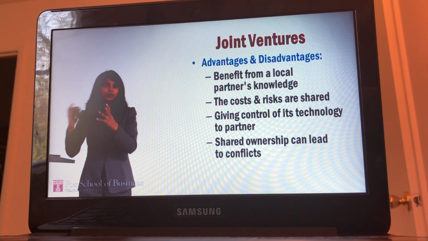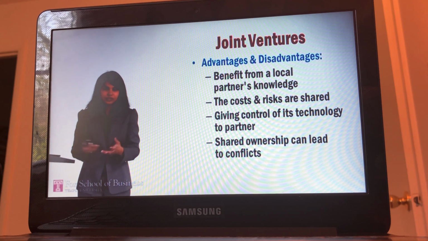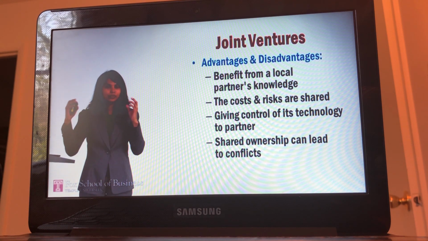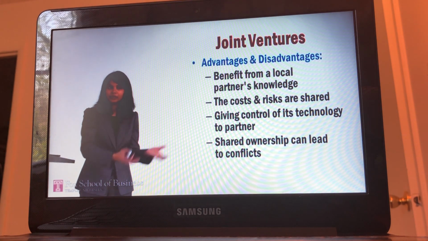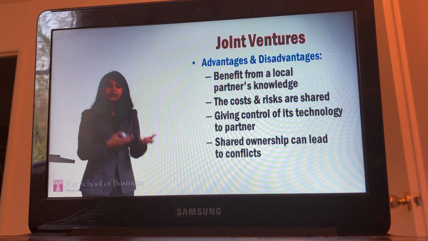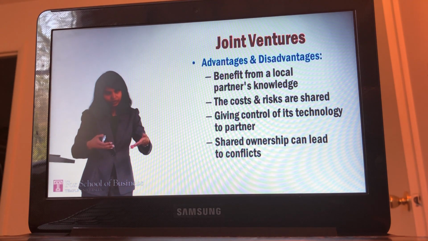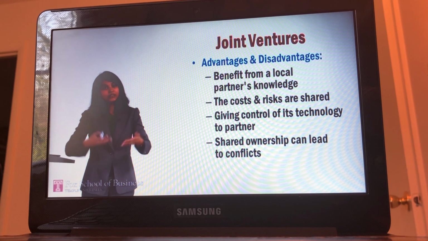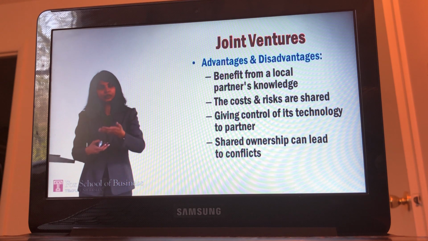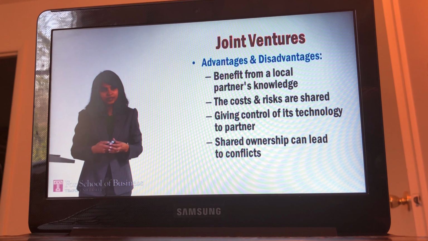It is well versed with the political system and the economic system. It will help guide you in the new environment. And by forming a joint venture, both firms are putting in certain resources, and hence the costs and risks are shared as compared to when a firm is going into the foreign market all by itself.